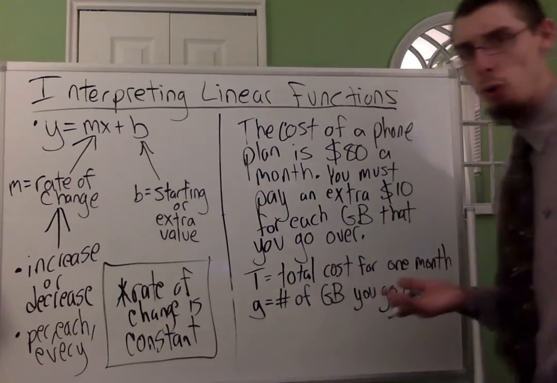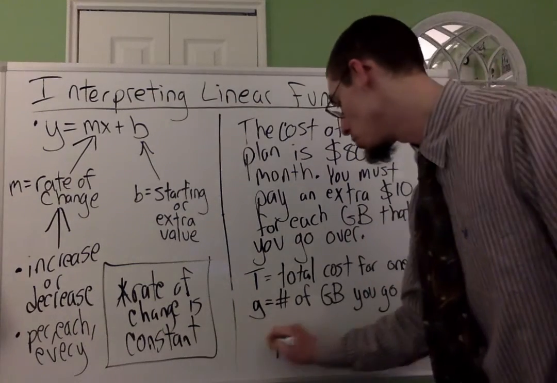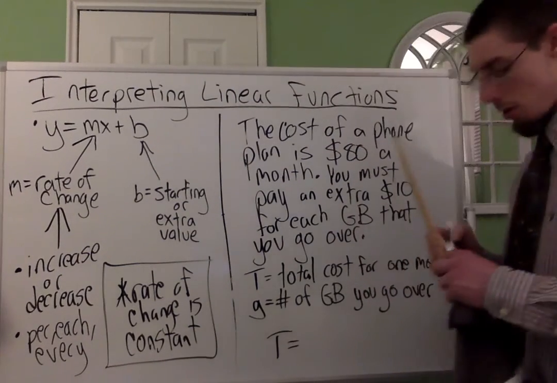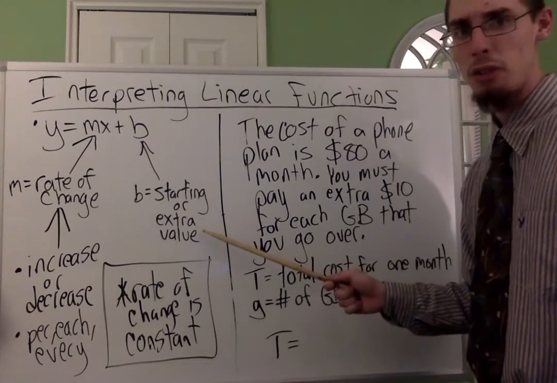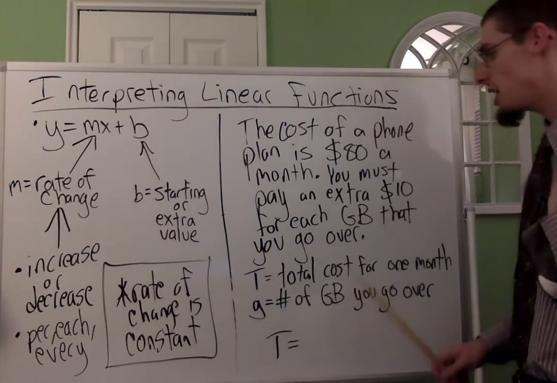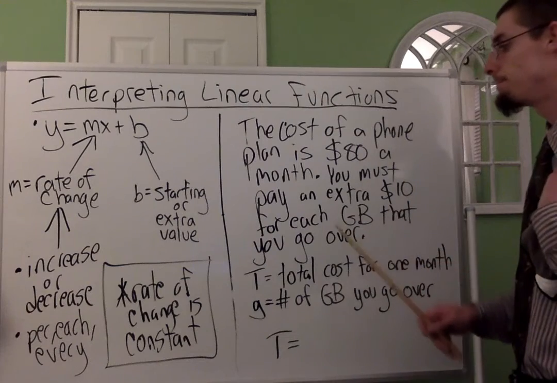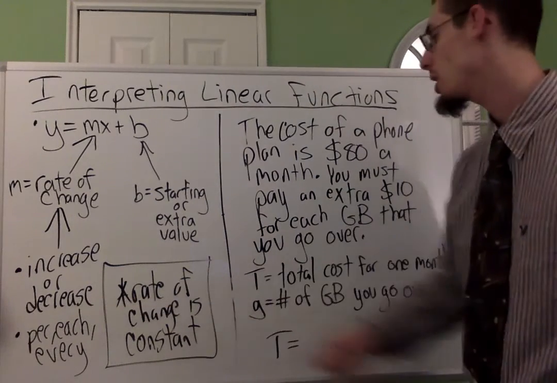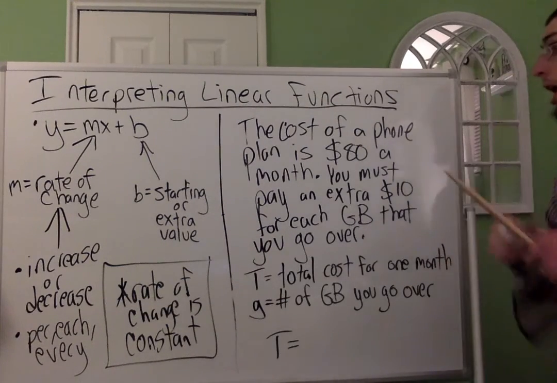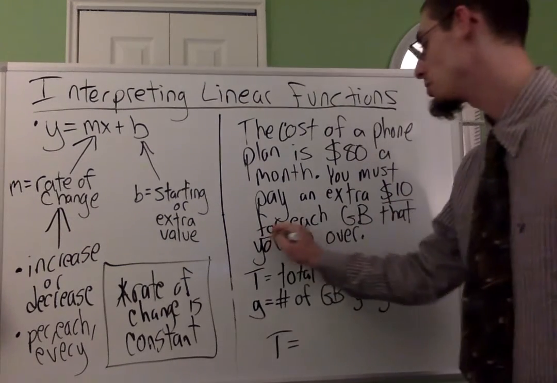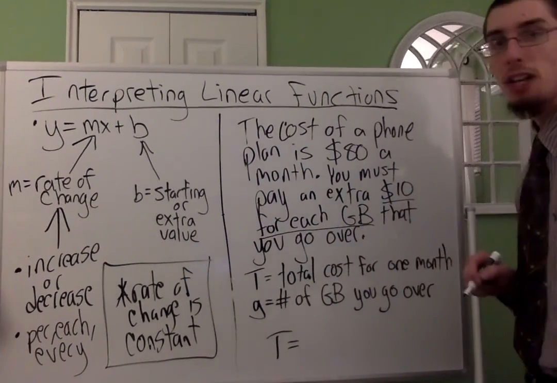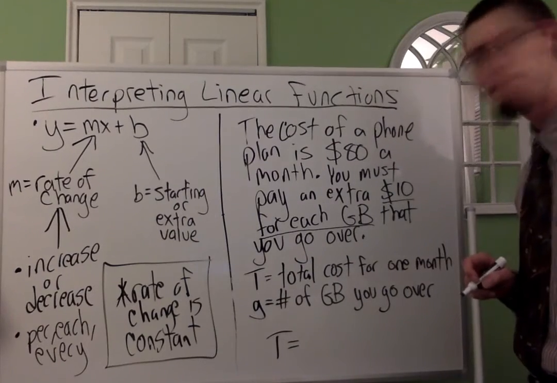So let's say total cost, right? So the total cost, okay, rate of change, starting or extra value. What's the rate of change here? Where's that word, per, each, or every? Oh, you mean $10 for each gigabyte that you go over.